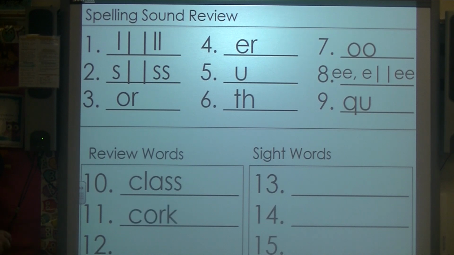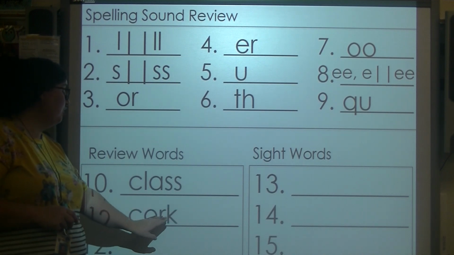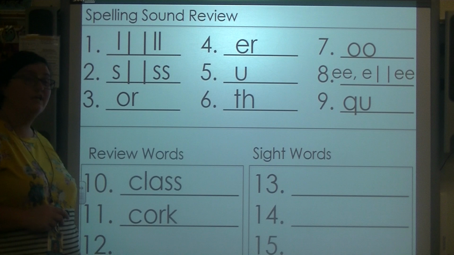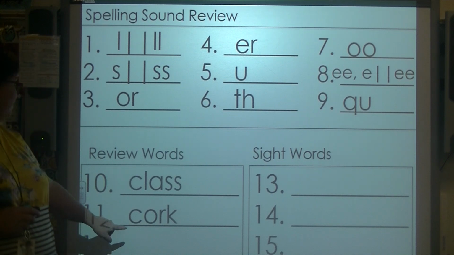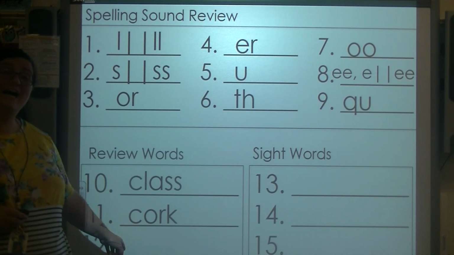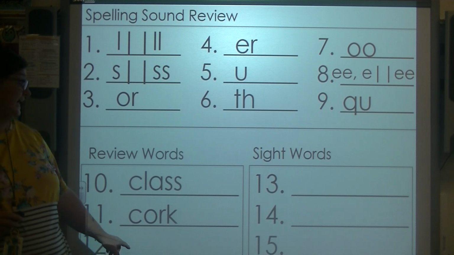Cork, C-O-R-K, cork. All right. If it's E, I, or Y, you spell with K.